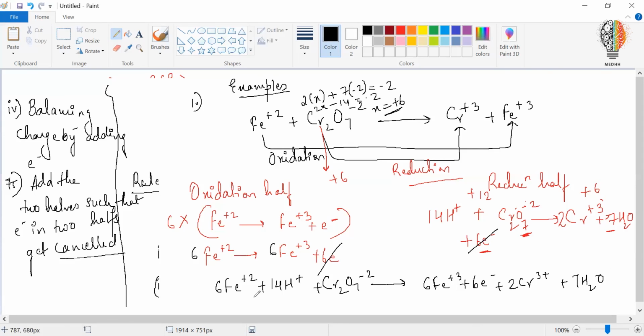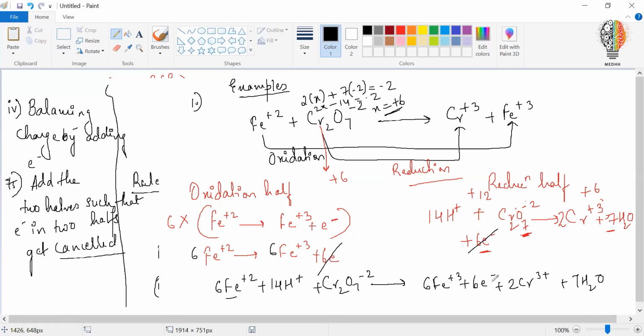If you want, you can balance it out once again. There is one Fe atom, then the total charge: 6 2s are 12, plus 14, 12 plus 14 is 26. Oh, one second. 6 3s are 18 and 2 3s are 6, 18 plus 6 is 24, right?